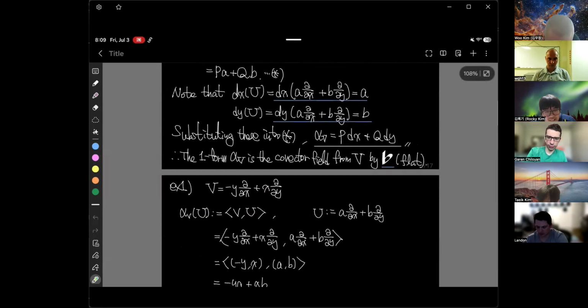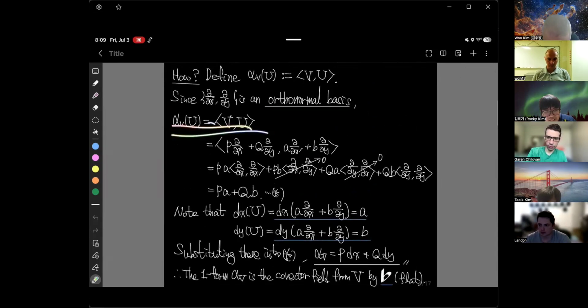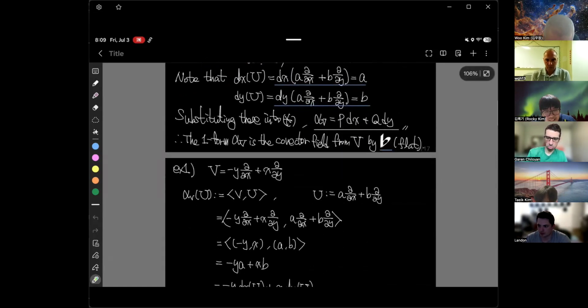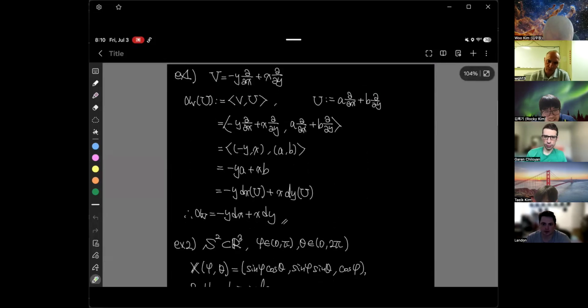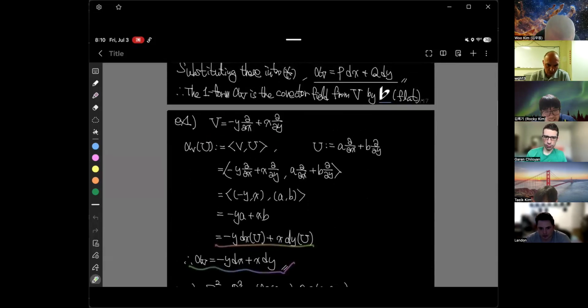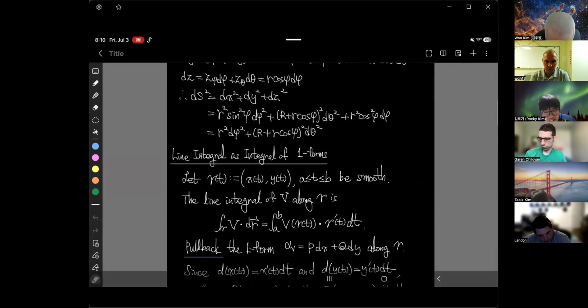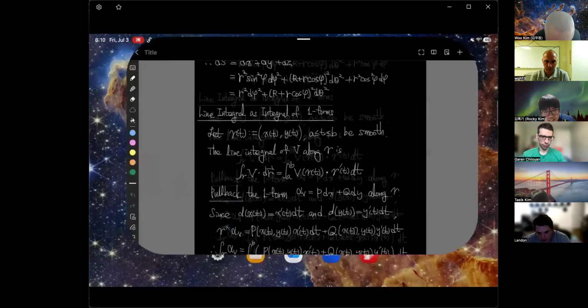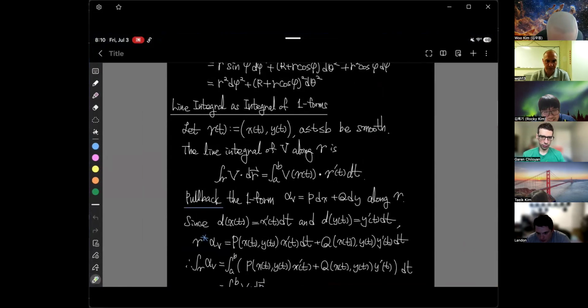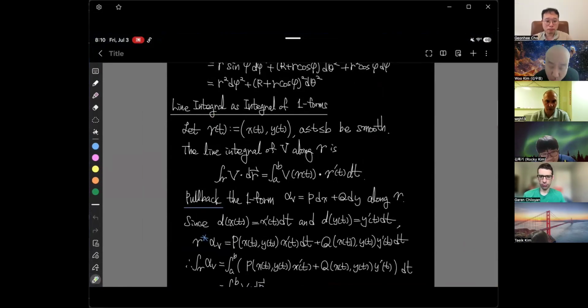According to this definition, we add these results and get p times dx, where p is minus y, and q is x, times dy. So this is the one-form, and I'm going to go to the next step. I'm going to look at line integrals as integrals of one-forms.